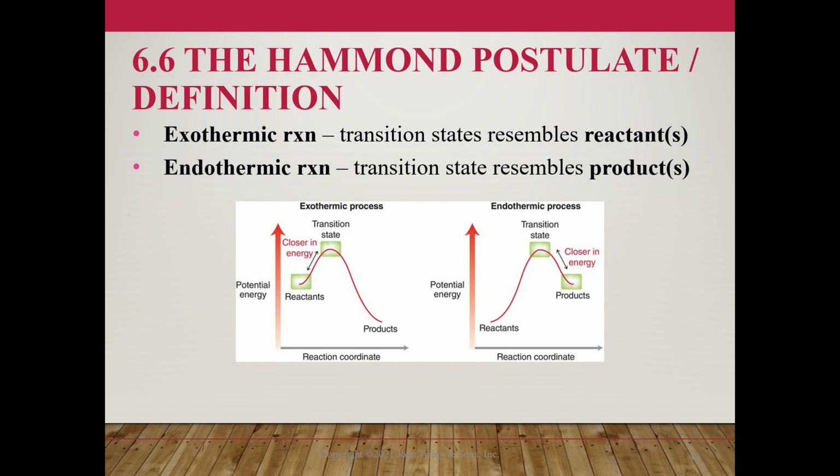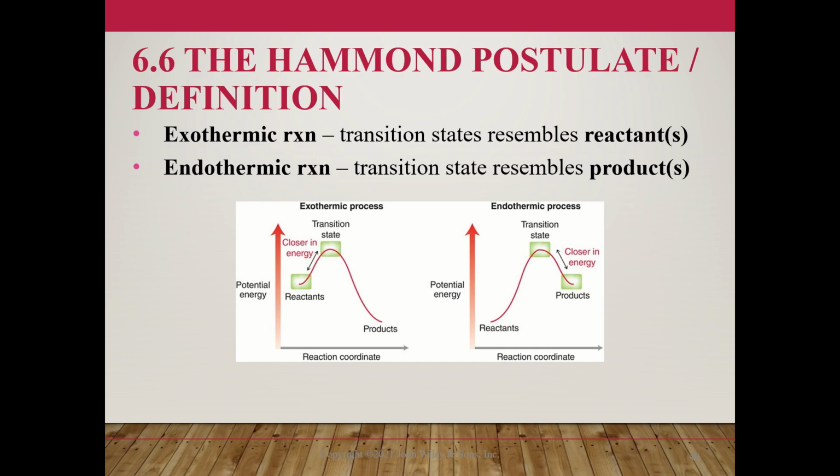In the case of an exothermic reaction, the transition state is going to more resemble the reactants, the starting material, whereas for an endothermic reaction, the transition state is going to resemble more the products.